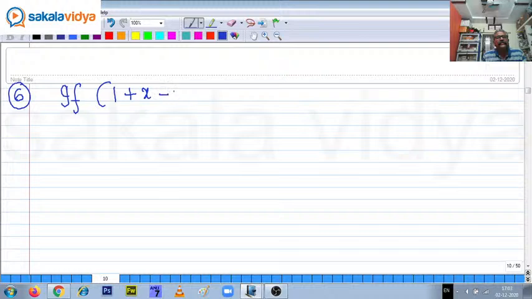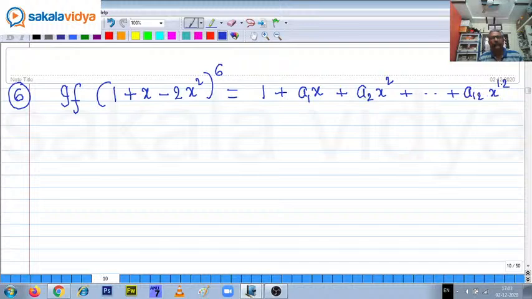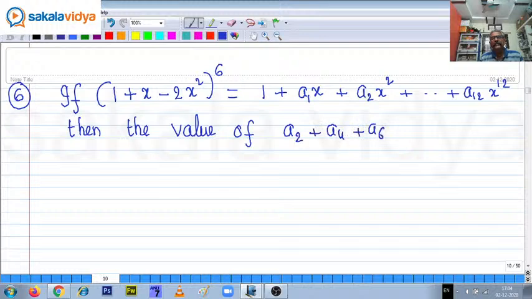If 1 plus x minus 2x square whole to the power of 6 equals 1 plus a1x plus a2x square and so on up to a12 x to the power of 12, then the value of a2 plus a4 plus a6 plus and so on plus a12 equals, this is the question.